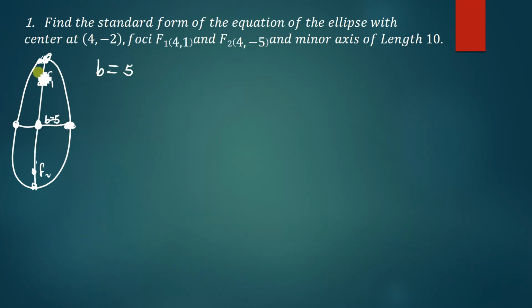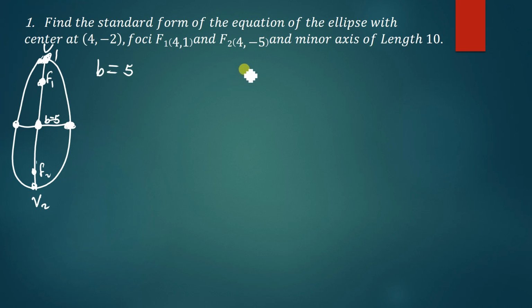The other thing you need to find is the value of c, because we've been given the foci. If we were given the vertices v1 and v2, we would have gone directly to find the value of a, because those are the only things we don't have in the equation. The center has been given as (4, -2).